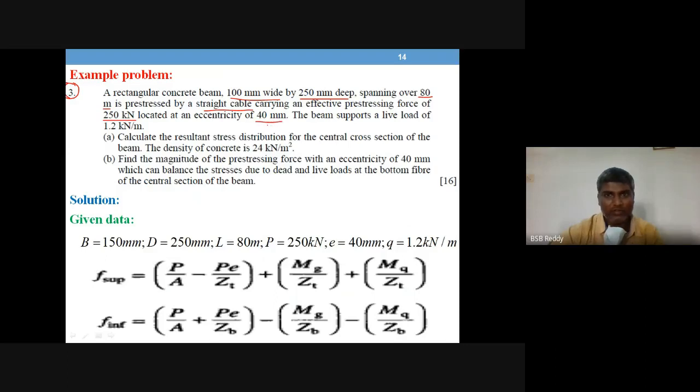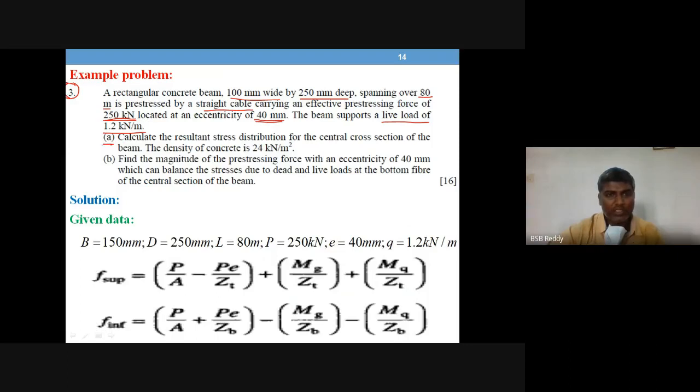It needs to be understood that the tendon is below the CG line of the concrete at a distance of 40. Though it is not told whether it is above or below, we always understand that the tendon is located below the CG line, because of the advantage of having the tendon below the CG line. The beam supports a live load of 1.2 kilonewton per meter.